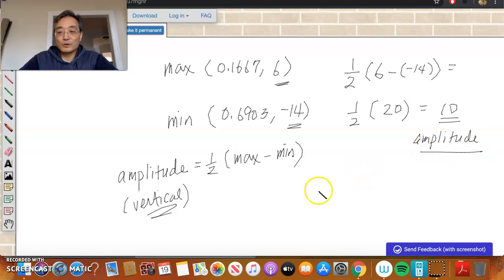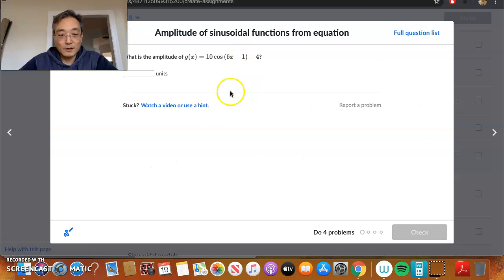However, if you look at the original function, do you notice this value right here in front of the cosine? Well, that's 10 as well. When you write sinusoidal functions, the value in front of the trig function is actually your amplitude. The absolute value of that value is your amplitude.